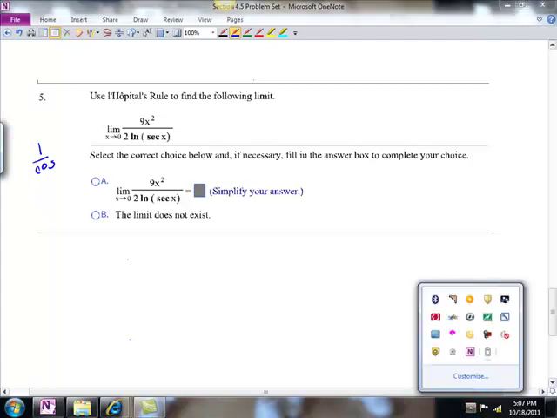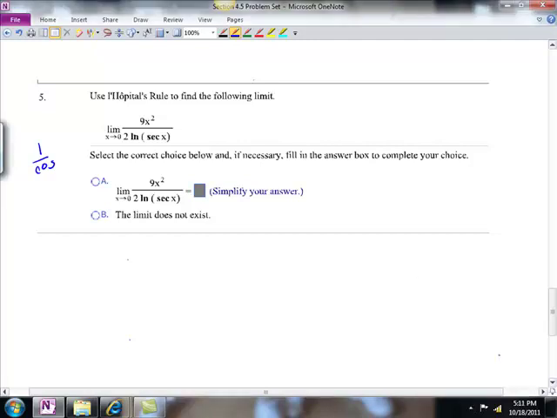Okay, so let's think about this as if we were taking the secant of 0. That's 1 over cosine. Well, cosine of 0 is 1, so we're okay there. But we've got 2 ln 1. And if you did that on the calculator, ln of 1 is 0, so we would go to 0 on the bottom. So we can't just take it by direct substitution.